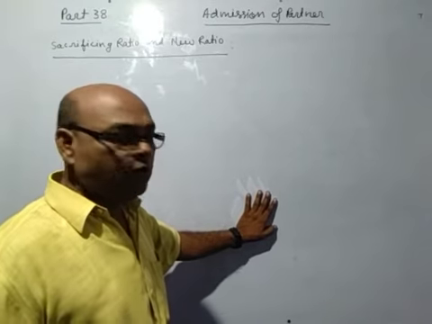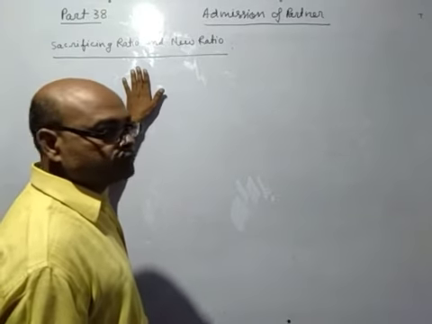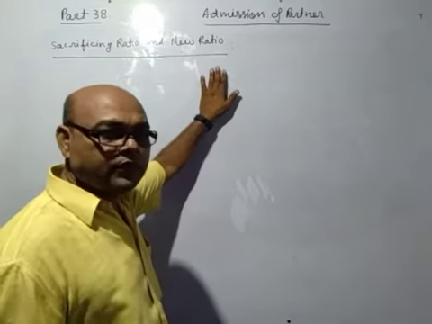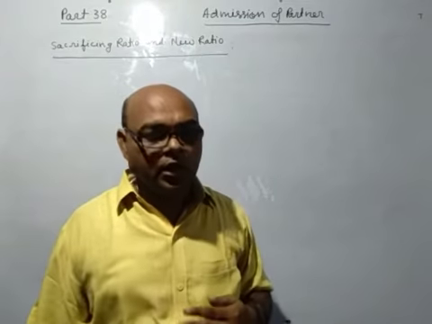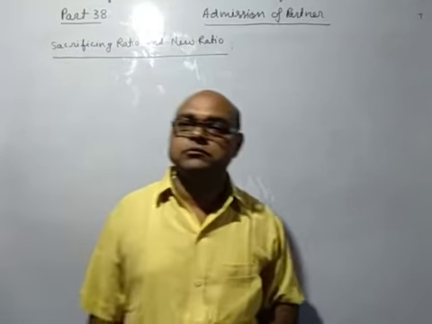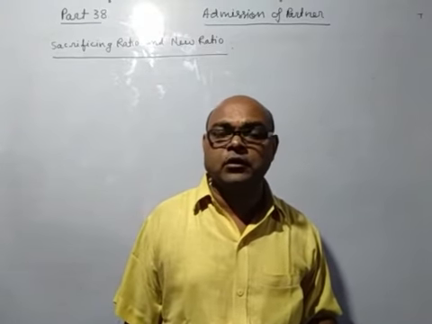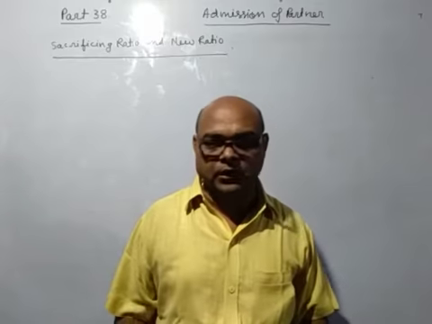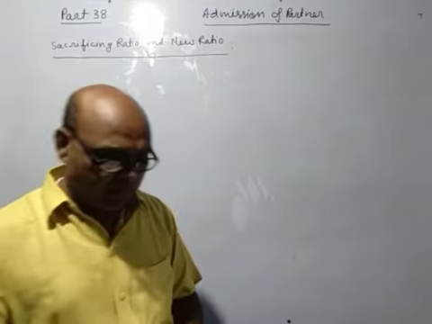Now, a new topic has come: sacrificing ratio. New ratio we have already discussed. Sacrificing ratio means in which proportion the old partner has sacrificed for the new partner. So how will you calculate the sacrificing ratio?